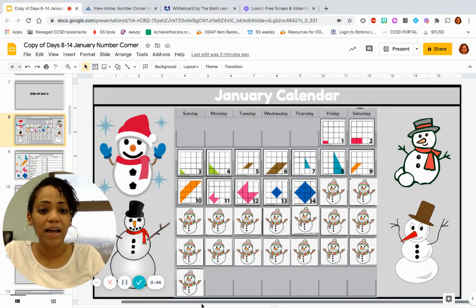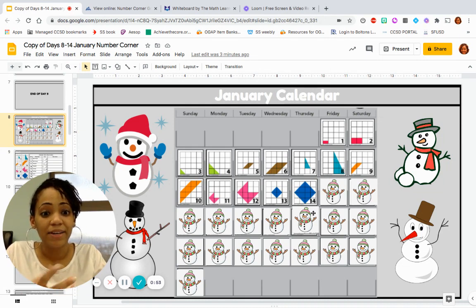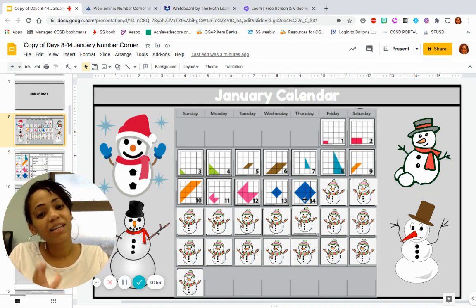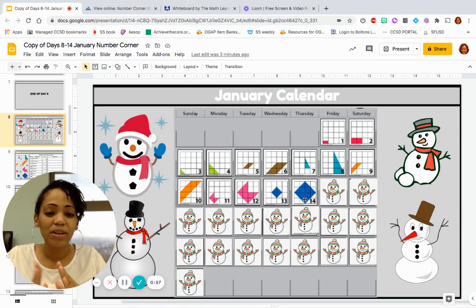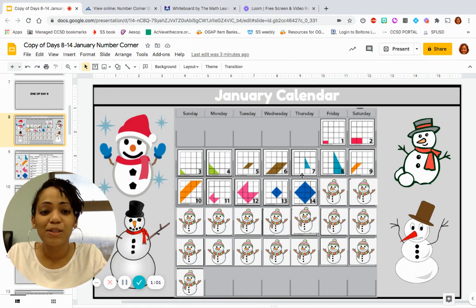Just to quickly update our calendar grid, we can see, yes, today's January 14th. It is the 9th day of Number Corner, and we have another square. Kind of looks like a diamond, maybe a little bit depending on how you look at it, or maybe some of you thought it was a diamond, but it's a square, and it's similar to the shape we saw yesterday.